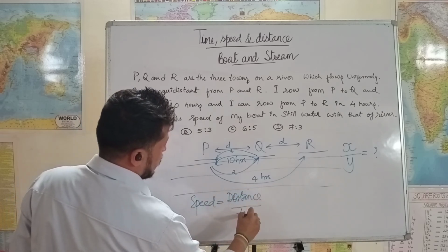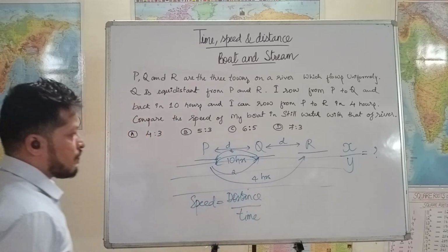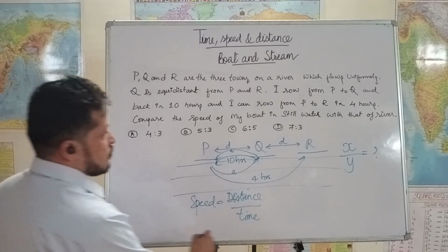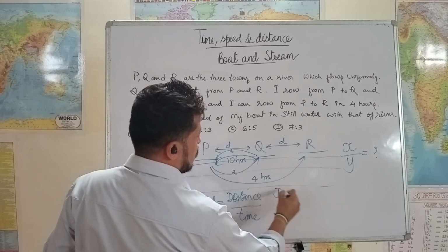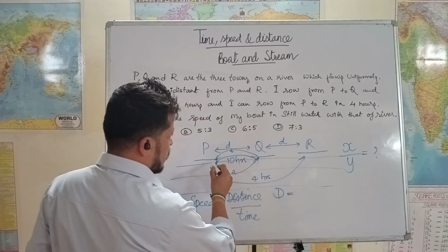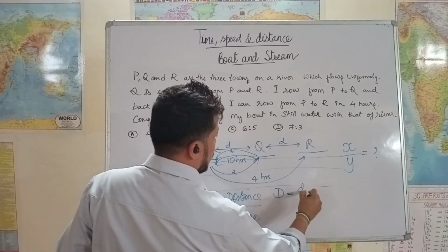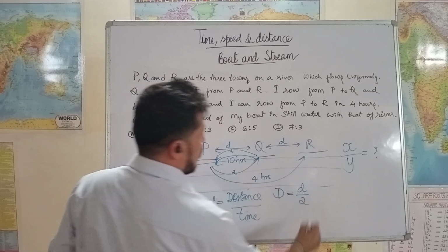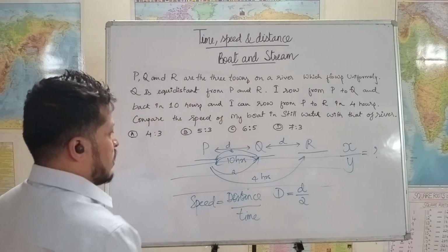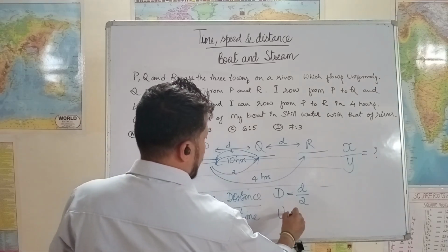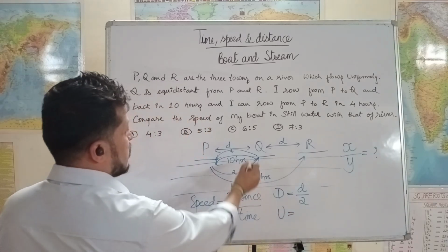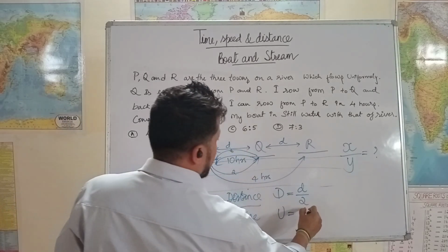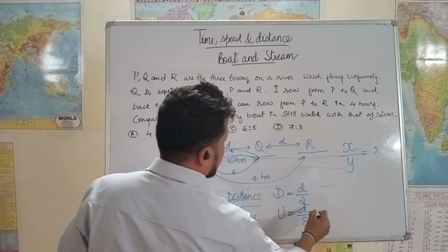Distance by time. So let's say what is the downward speed? Downward speed is equal to the distance traveled, d, by the time taken, 2 hours. What is the upward speed? Upward speed is equal to the same distance traveled divided by the time taken, 8.